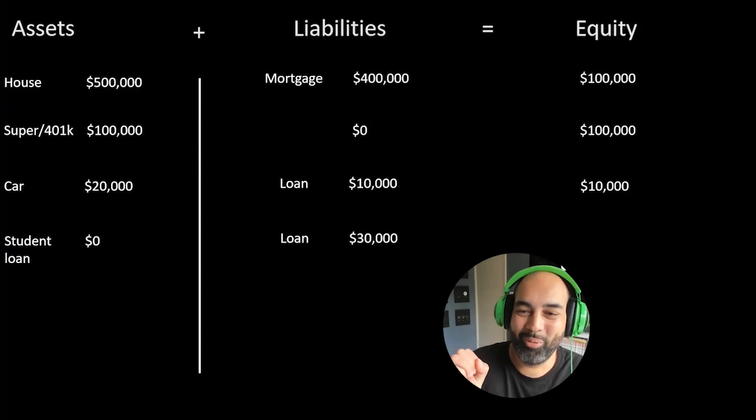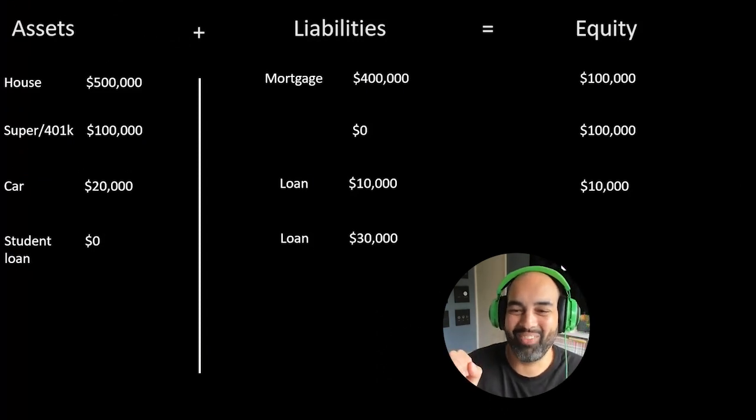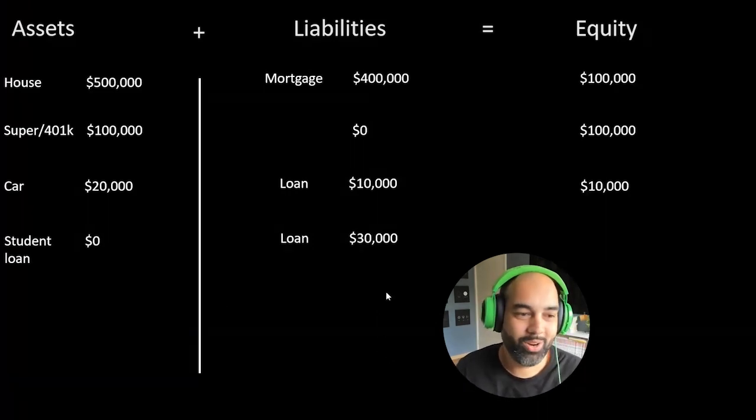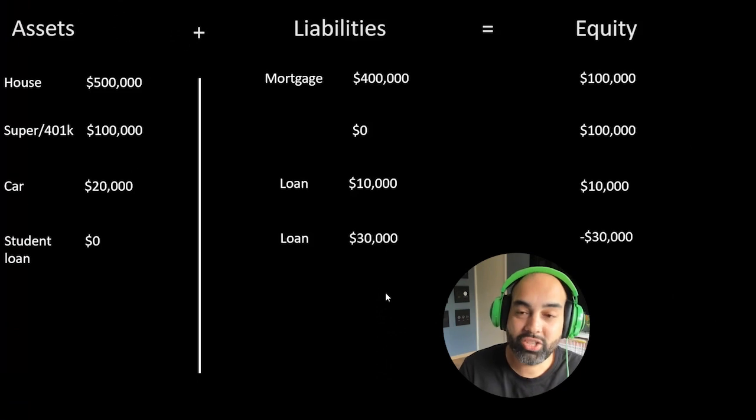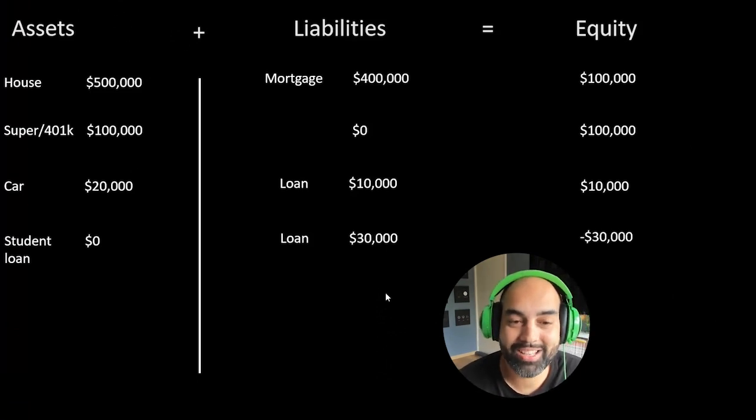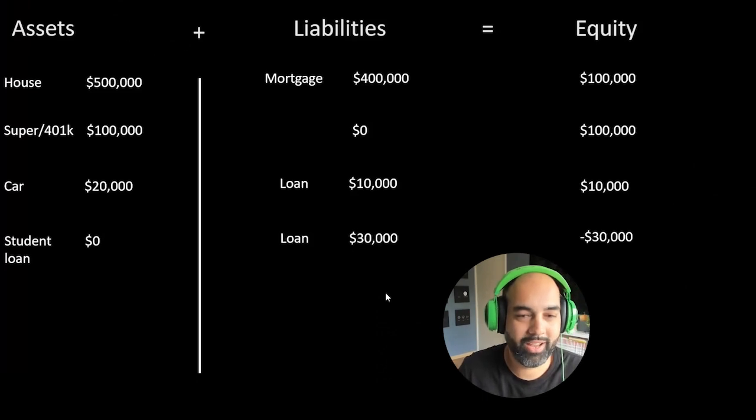You can't take that to a pawn shop and you can't sell it to someone for an amount of money. There are kind of intangible benefits because you've learnt, but look, asset $0, loan $30,000. You actually have negative equity, minus $30,000 from that student loan to pay off for your degree.